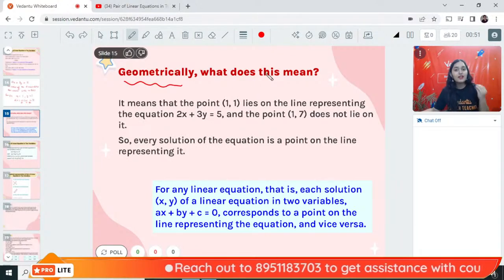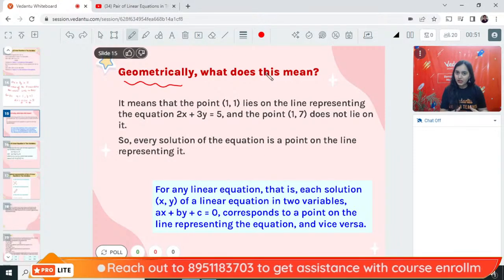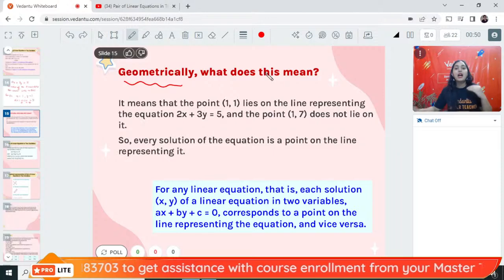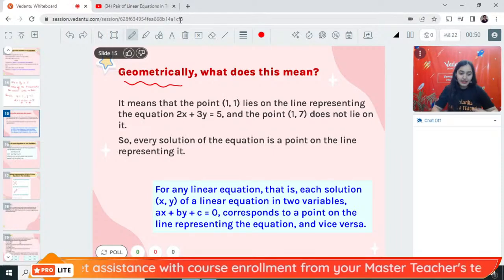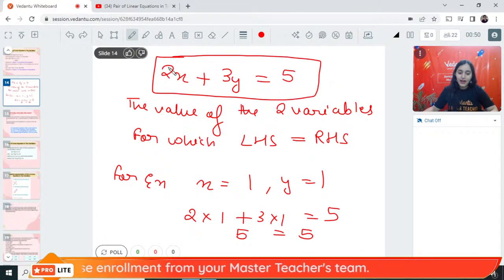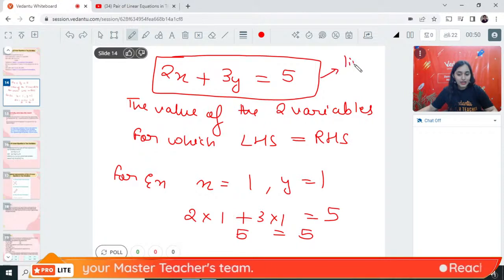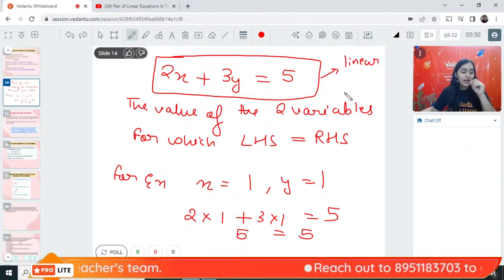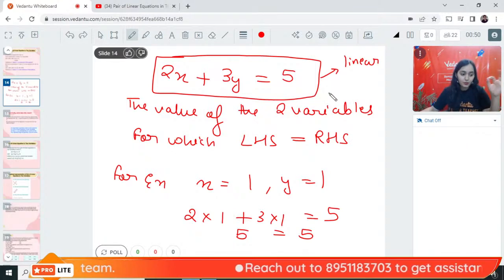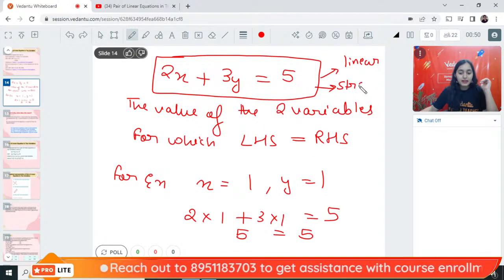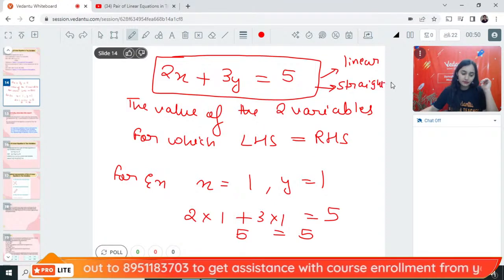Now, geometrically, what is the meaning of solution of a linear equation in two variables? Now suppose I say that I have my equation 2x plus 3y is equal to 5, right? Now, since it is a linear equation, what kind of graph will it have? Can anybody answer? So, it is going to have a straight line graph, right?